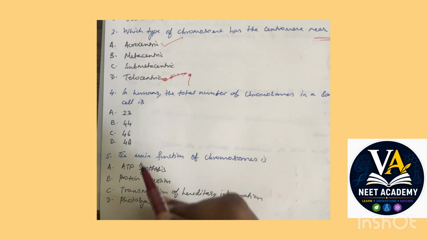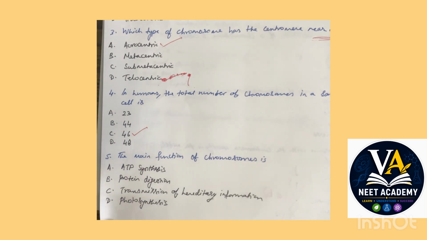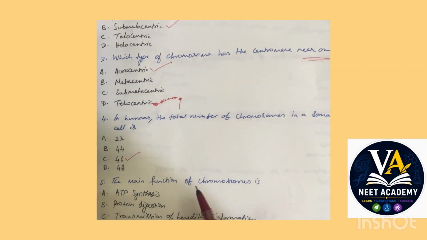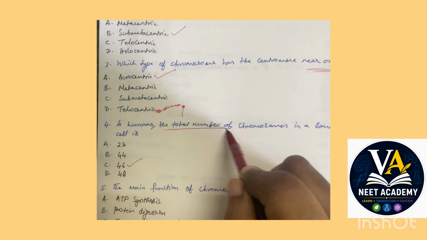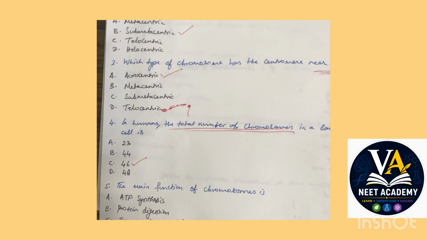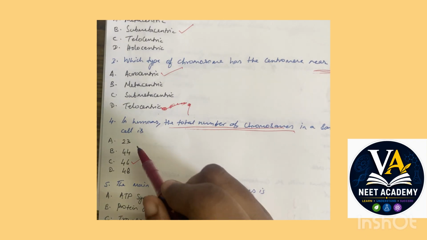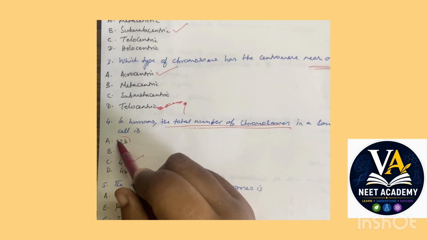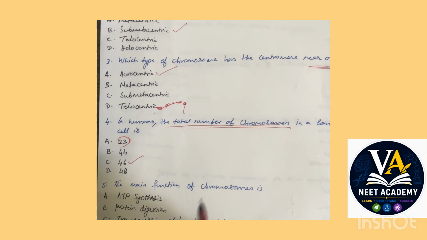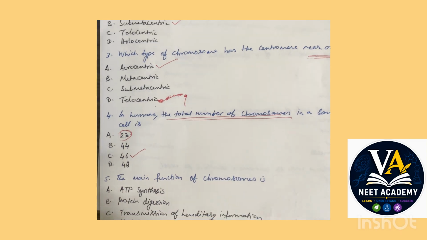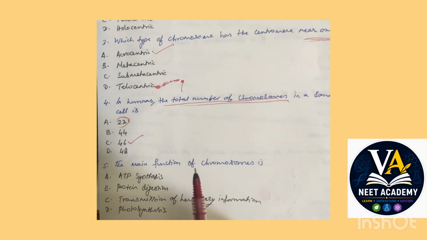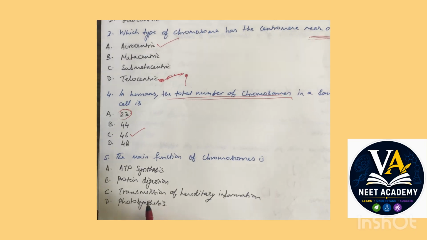The right answer is 46. Remember, the question is the total number of chromosomes and not the total number of pairs of chromosomes. If it was a pair of chromosomes, then 23 would have been the right answer. But the total number of chromosomes in a somatic cell is 46.